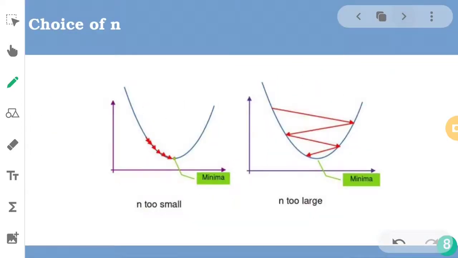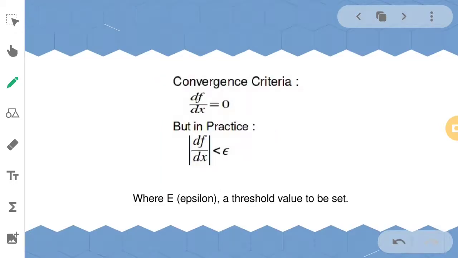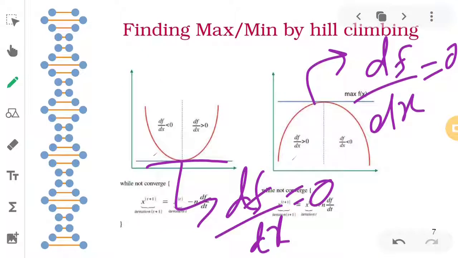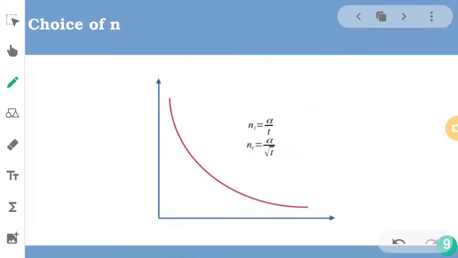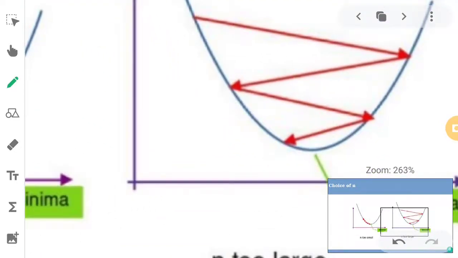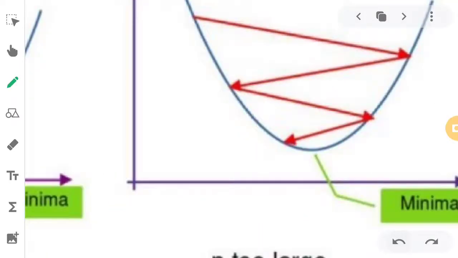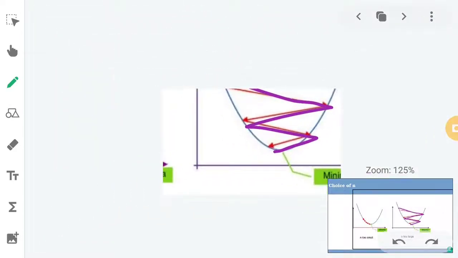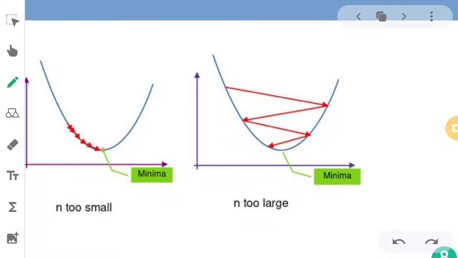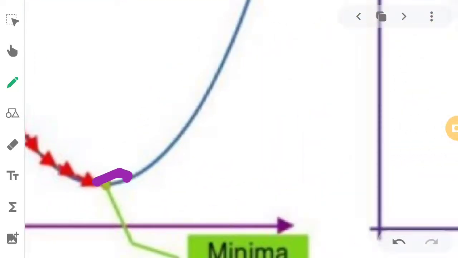So the convergence criteria is df by dx equal to 0, but in real practice it cannot be exactly 0, because maybe it is the correct choice for the value of n, but it escapes this minima point.